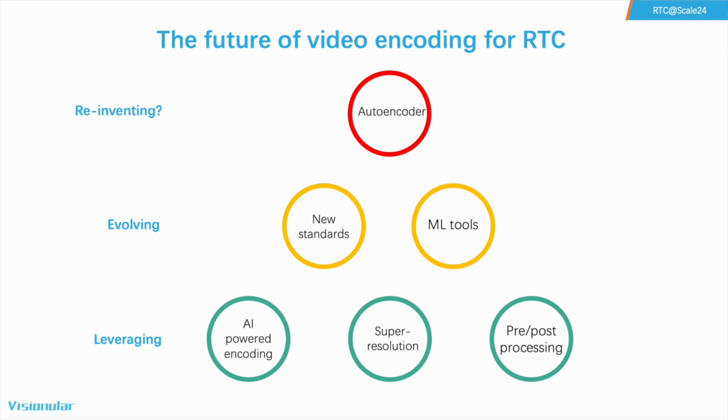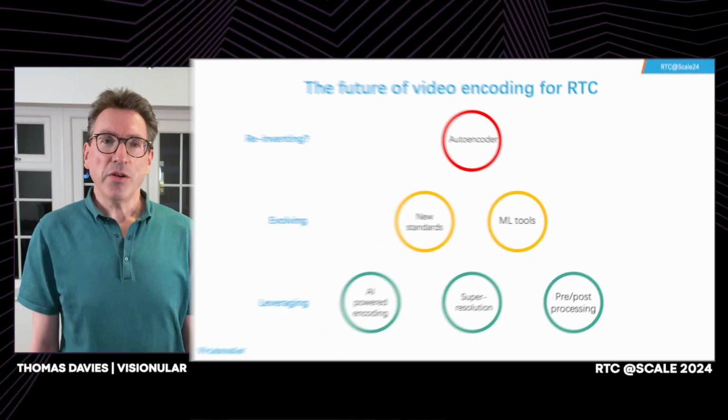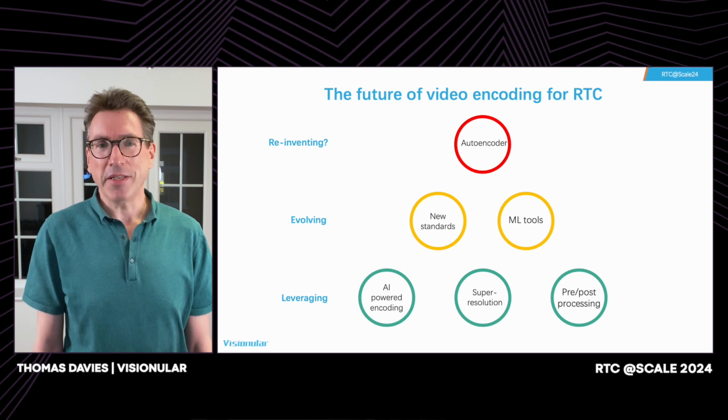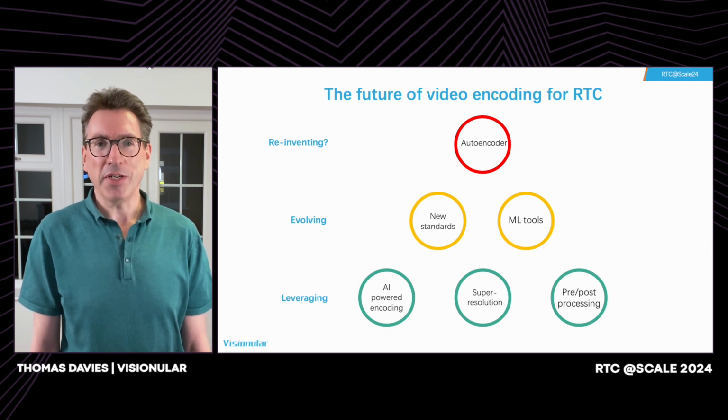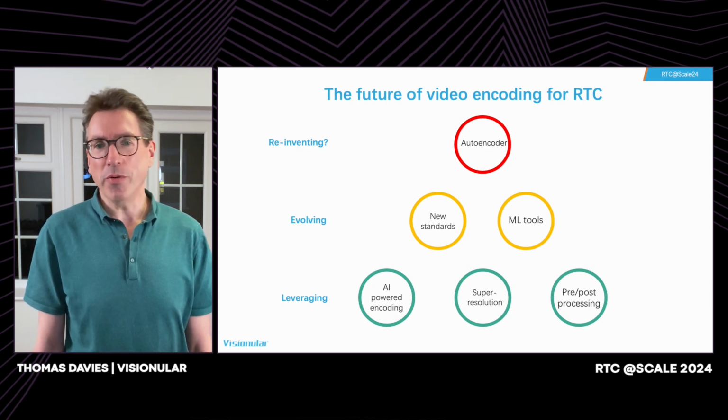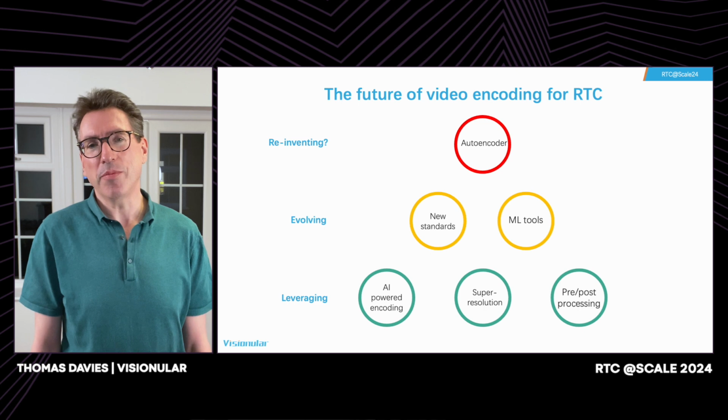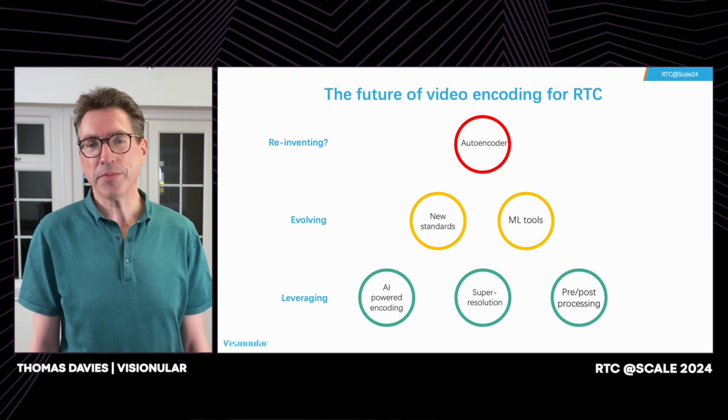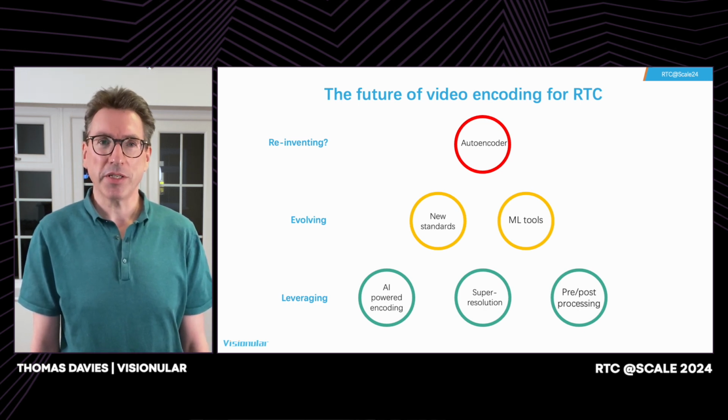So enhancement technologies applied on top of a conventional codec. Then looking forward, there will be new standards. There's the emerging AV2, AVM. There will be the next generation standard from MPEG. And these may or may not include an increasing number of ML tools within them with a conventional architecture.